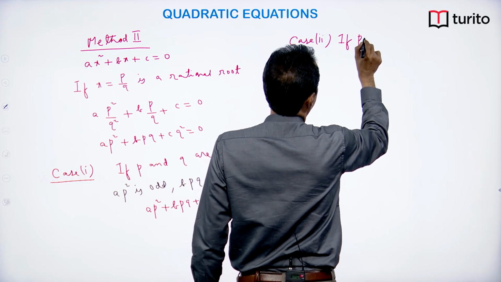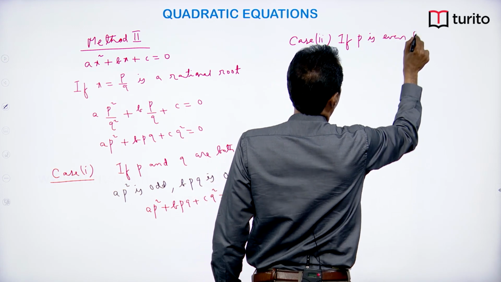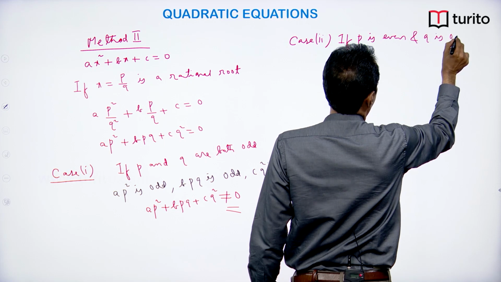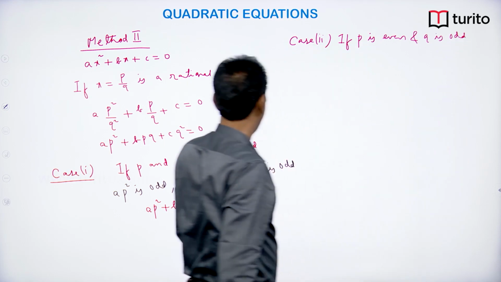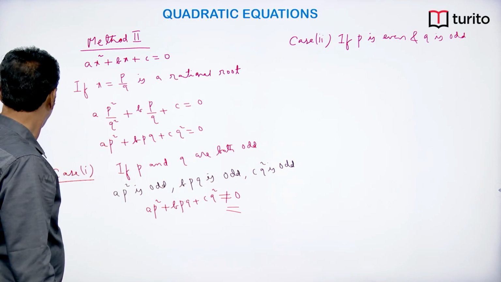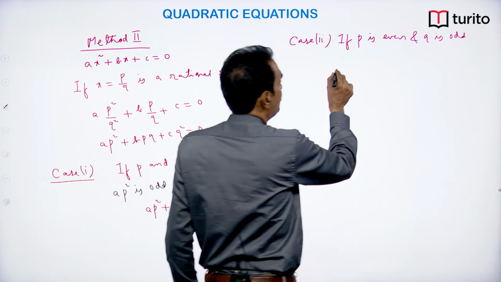If P is even and Q is odd, what happens? What about AP square?